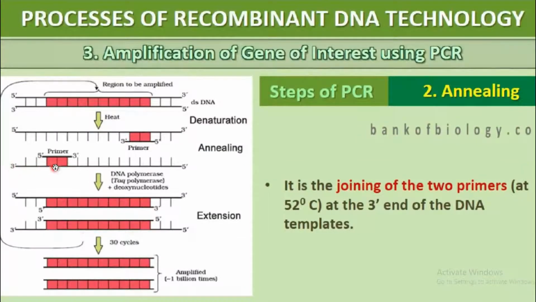Can you see this? So this is the 3' end of this DNA strand, and this is the 3' end of this DNA strand. So annealing is the joining of the two primers at the 3' end of the DNA template. A temperature is also necessary, that is 52 degree centigrade. That is known as annealing.